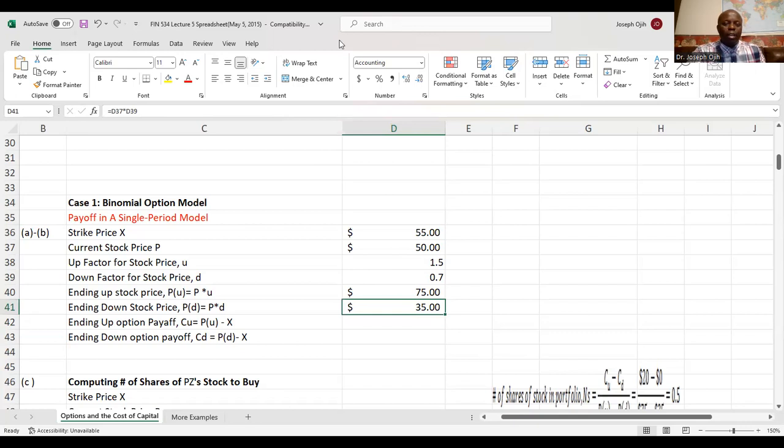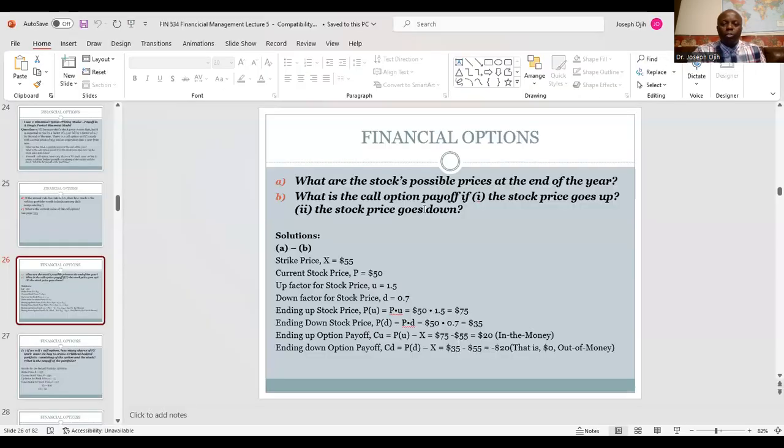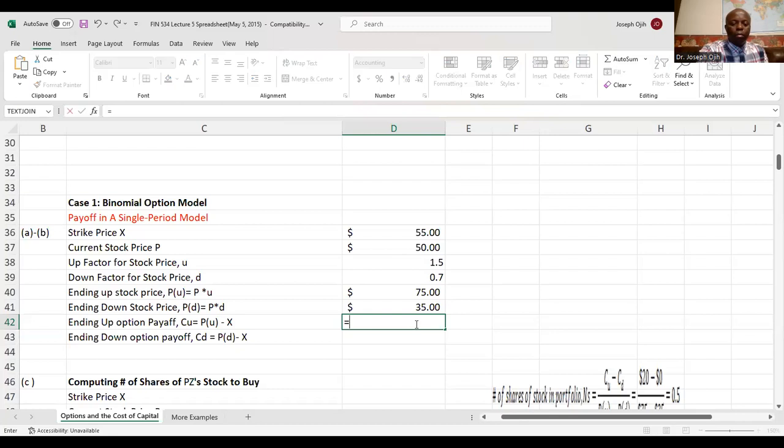Next is part B. Part B says, what is the call option payoff if the stock price is up and if the stock price is down? So we're going to get that now. The payoff, CU, the ending up payoff, is PU minus the strike price.